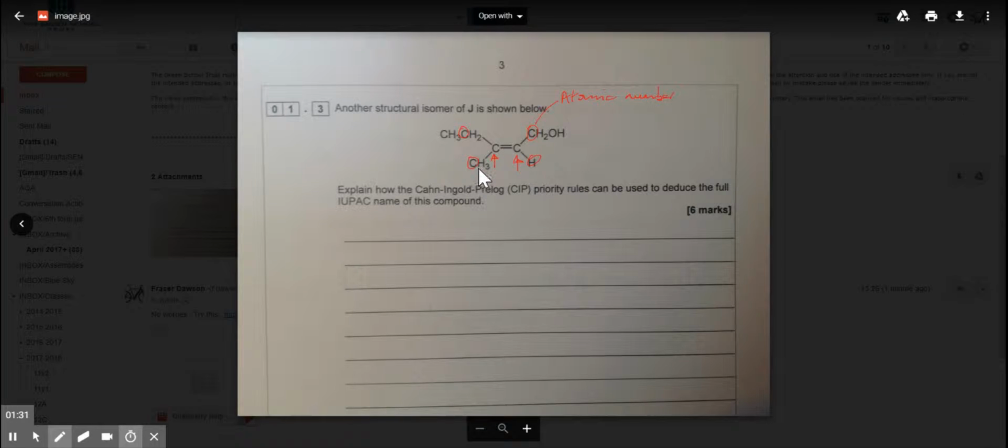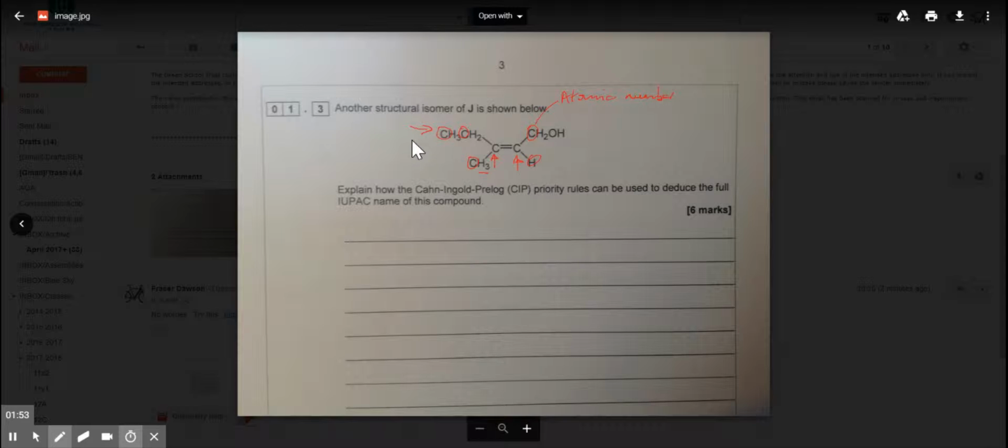The biggest atom that the bottom carbon is bonded to is a hydrogen, one of those hydrogens. But the biggest atom that this carbon is bonded to is another carbon. So the atomic number of this carbon is greater than the atomic number of any one of those hydrogens, and so this is the biggest group here.